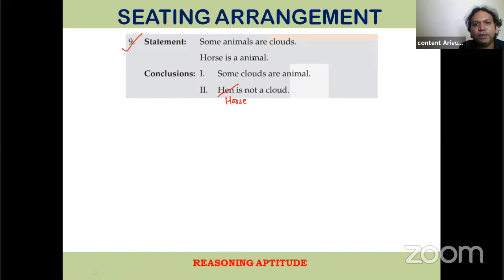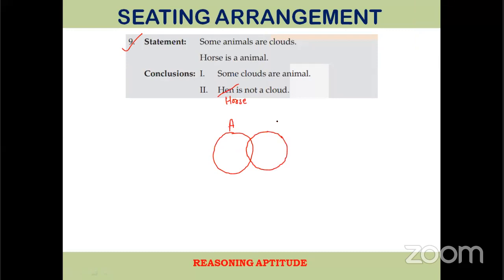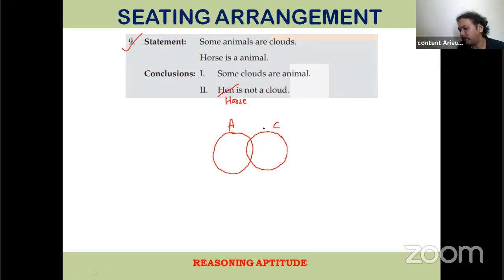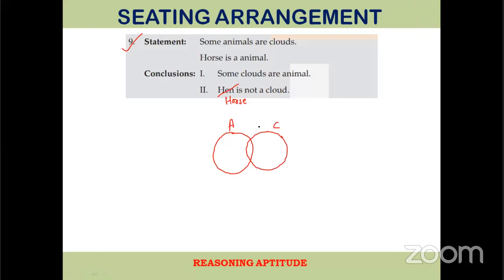But overall, let's see here. Some animals are clouds. So how do we make this some statement? Let's start with this circle. This circle represents animals, and some animals are clouds. The other circle represents clouds.